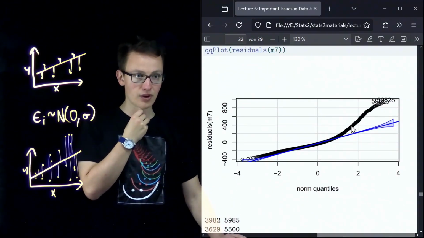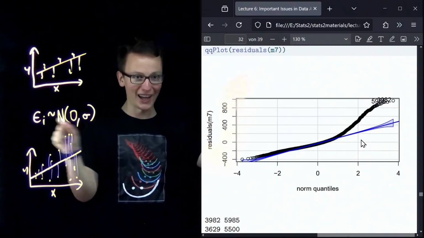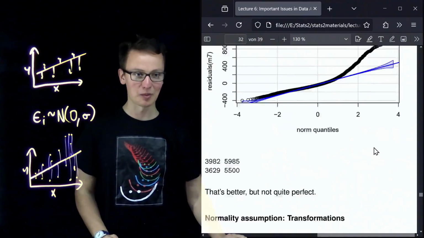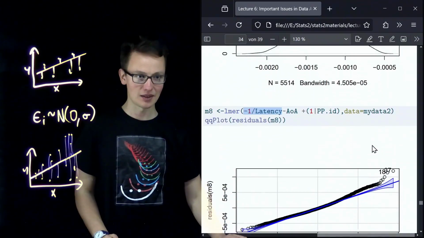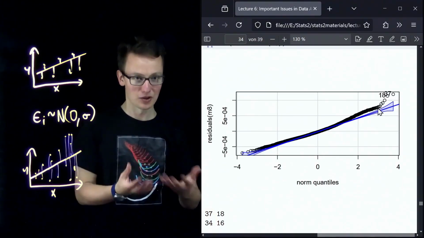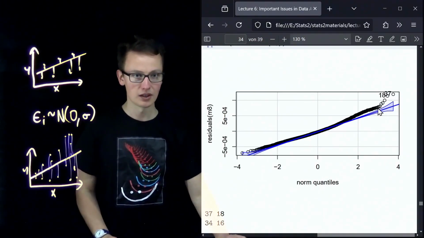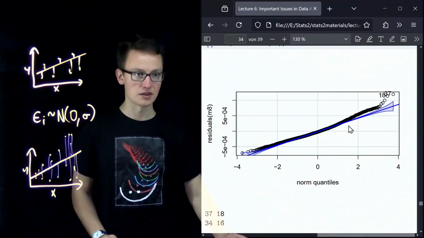There was this strong drift away from the ideal blue line, where it would indicate perfect normality. When we take the inverse transformed data, on the other hand, we are much closer to the ideal. We're much closer to assuming that our residuals are really normally distributed, as you can see here.